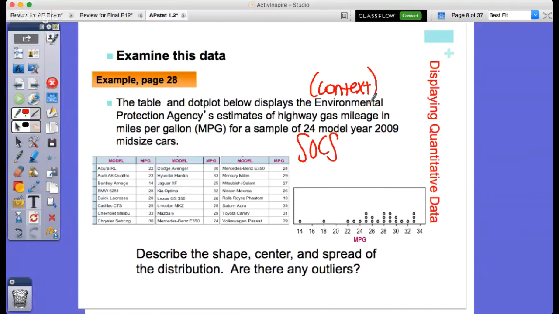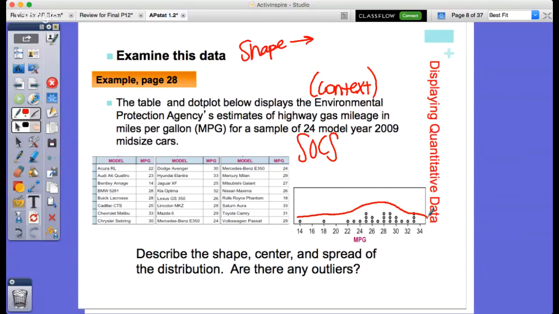So if I was to write about the shape, center, spread of the distribution, I could state a bunch of different things in terms of describing it. But let's talk about the shape. The shape of this has kind of a weird shape.